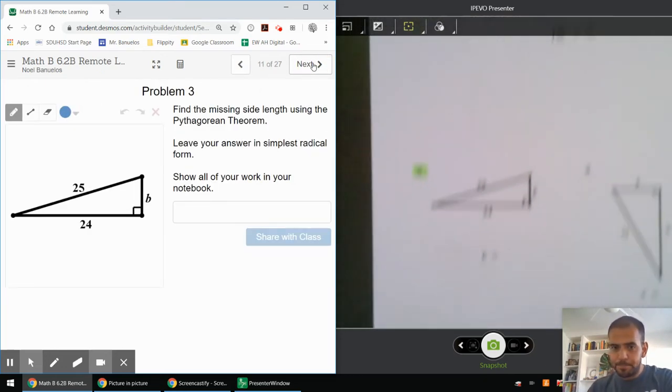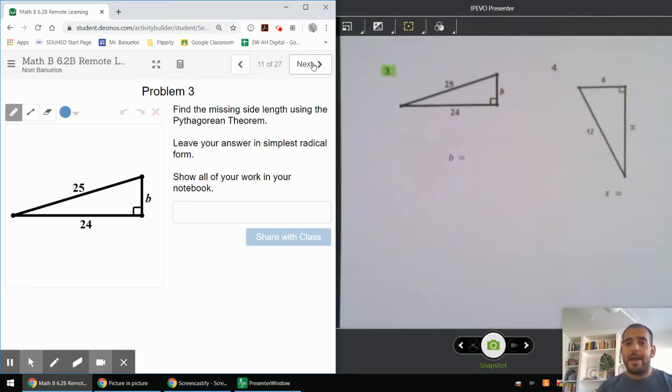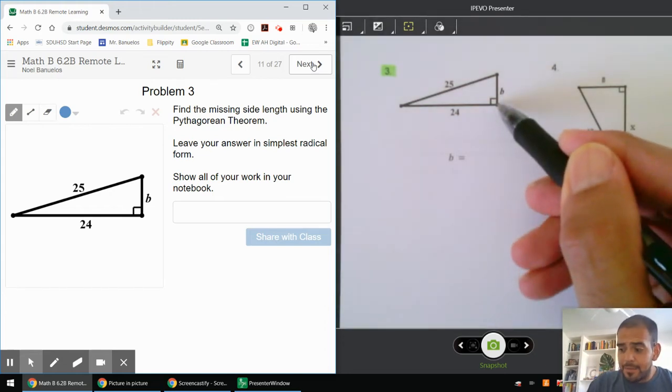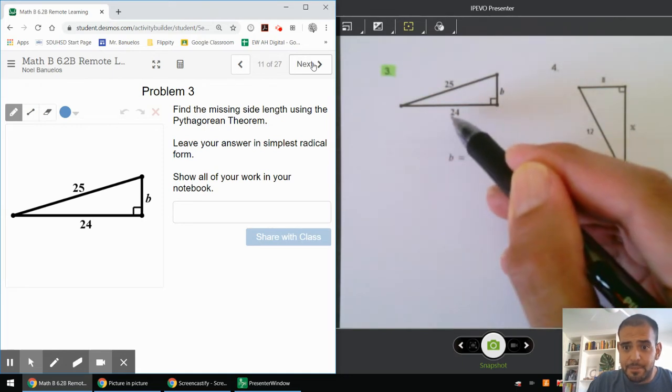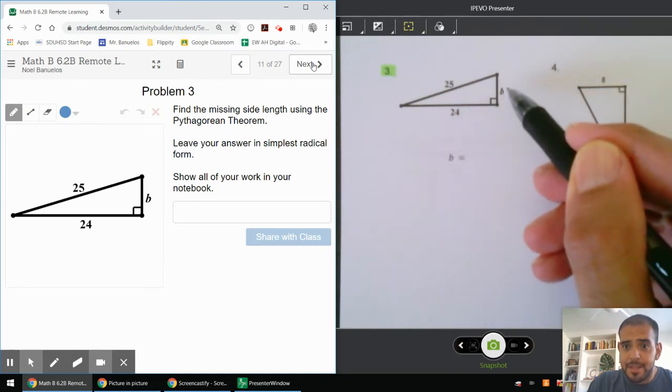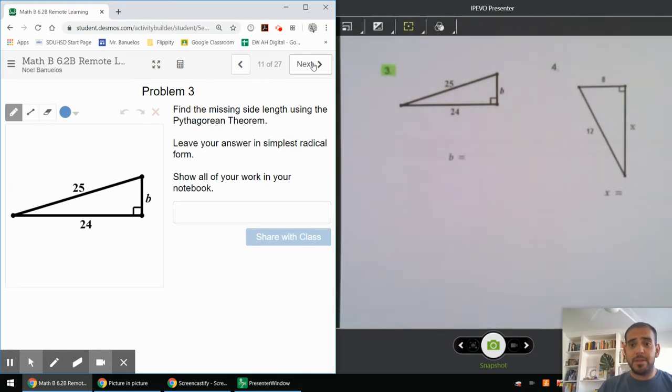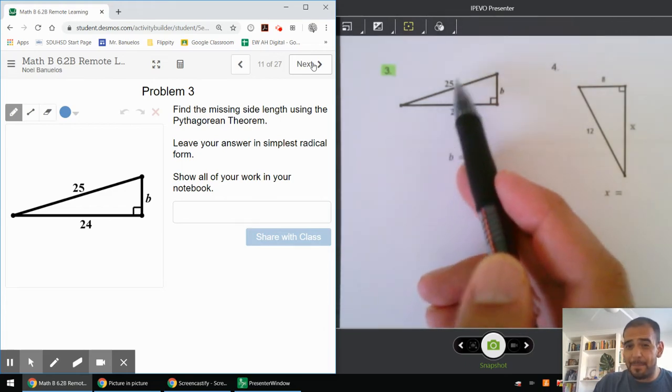Okay, so here we have a missing side length, but if you notice, here's my right angle, here's my leg, which is right there, and here's the other leg. So in this situation, we're finding the missing leg because they're giving me the hypotenuse.